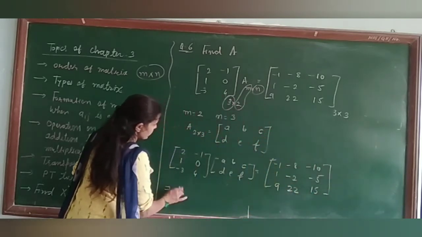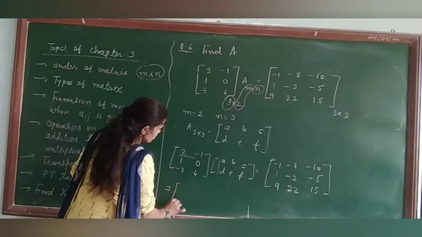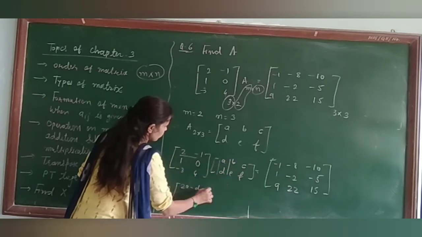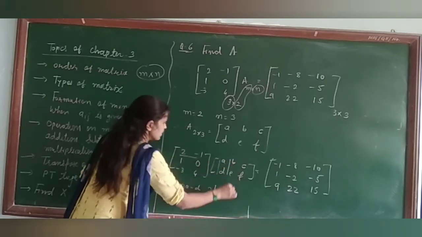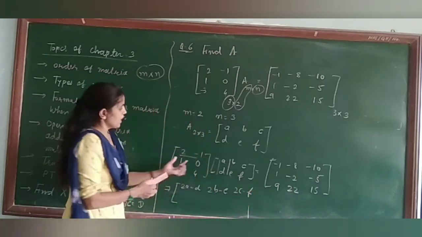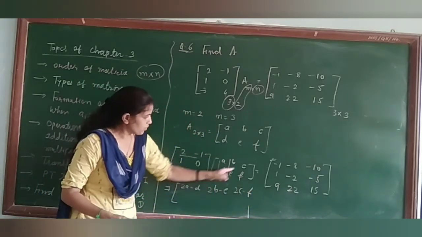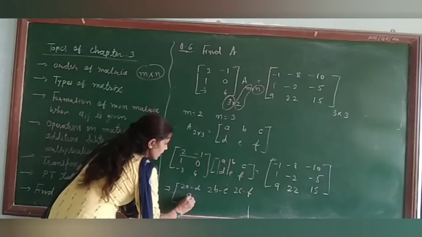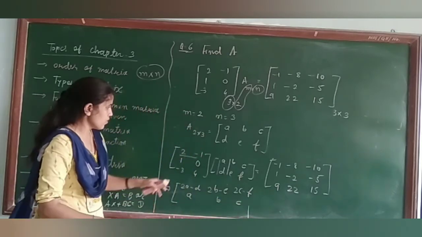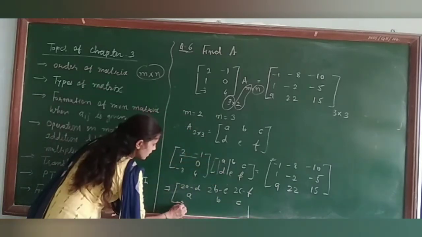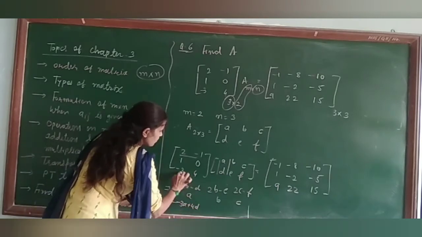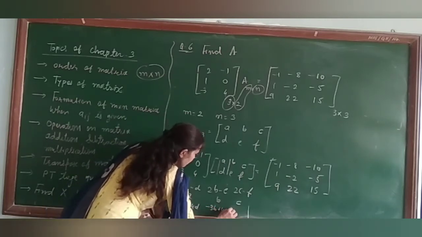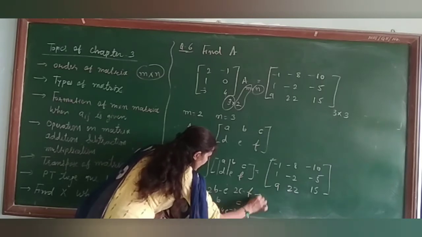Now apply the multiplication. First row and first column gives 2A minus D. Then first row and second column gives 2B minus E. Similarly, 2C minus F. Now the second row is 1 0, and when you multiply, 1 into A plus 0, 1 into B plus 0, so the second row is A, B, C. Third row: minus 3A plus 4D, minus 3B plus 4E, minus 3C plus 4F.